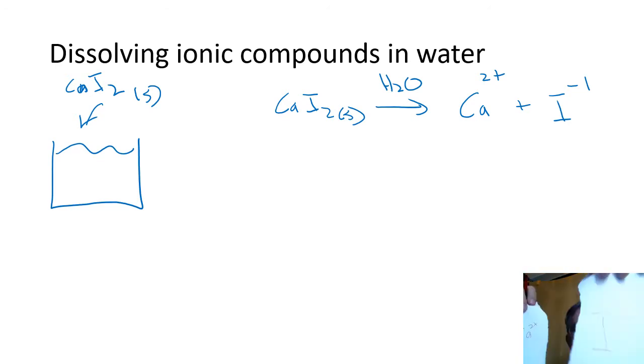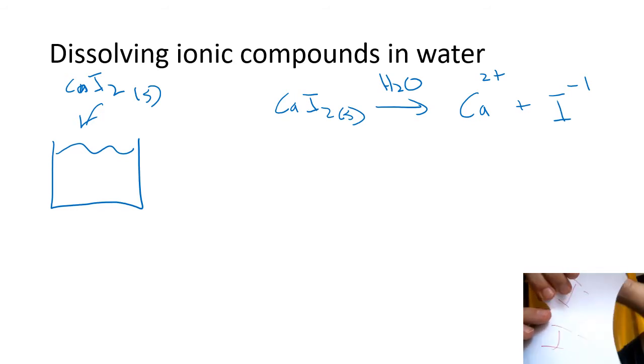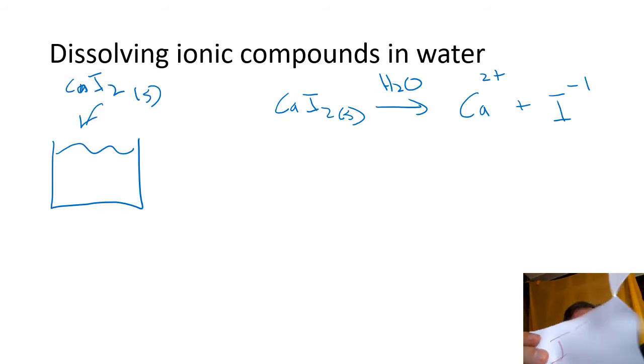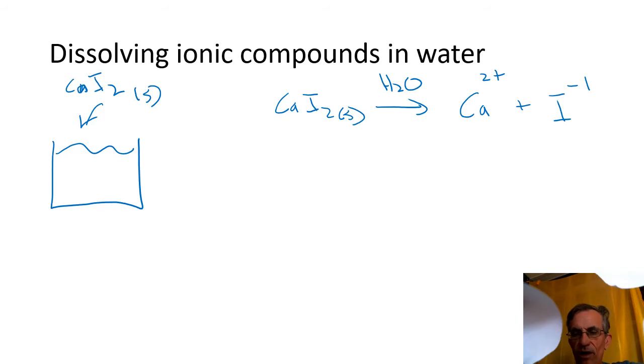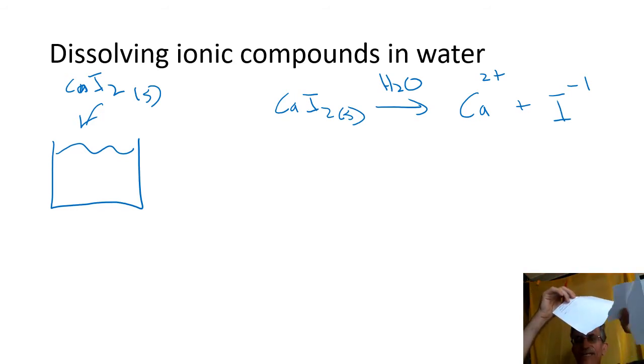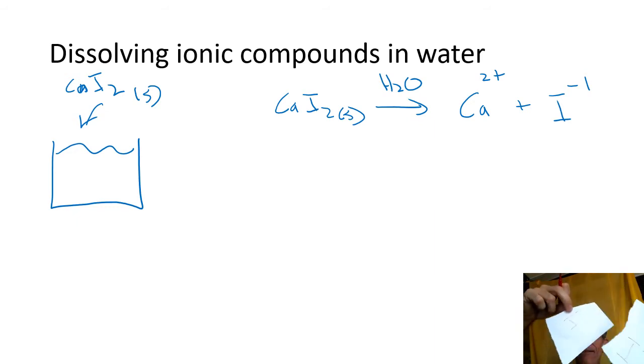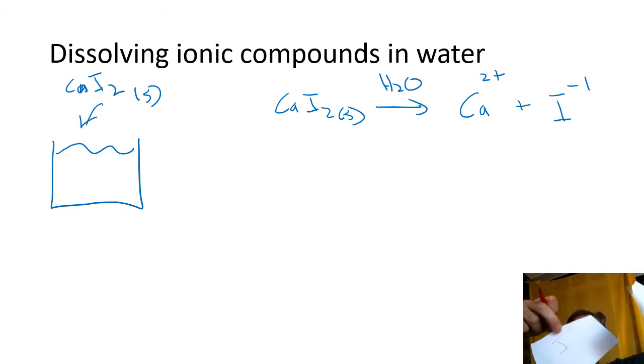It's going to go swimming around in the water. But not only does that happen, the 2 iodines also separate from each other. So really you're going to have 3 things in the water: the calcium piece and 2 iodine pieces.